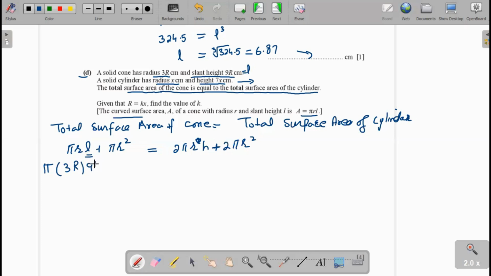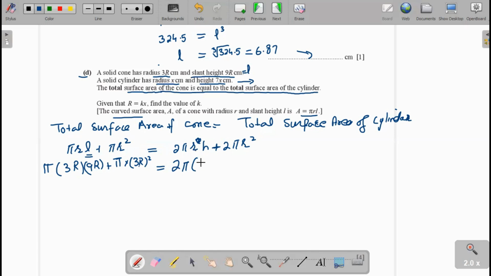Now pi times 3r multiplied by 9r plus pi times the radius of the cone, which is 3r, whole square. Next, 2 pi is taken as common.